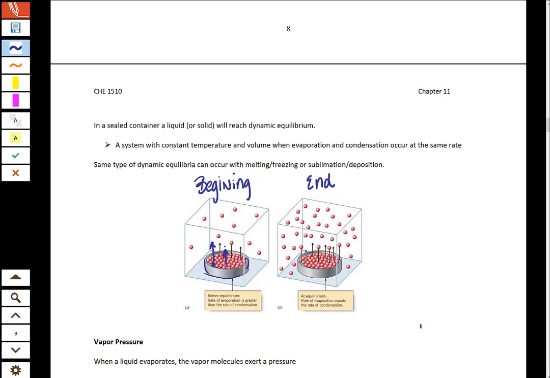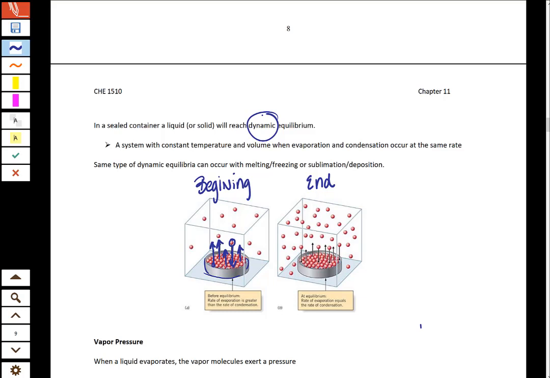And notice how we're getting more evaporation than we are the other direction, condensation. And so at a certain point, we end up getting what's called an equilibrium. And in this case, we're getting something called a dynamic equilibrium.